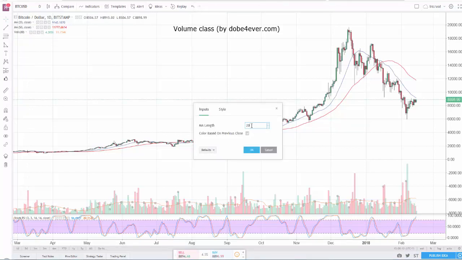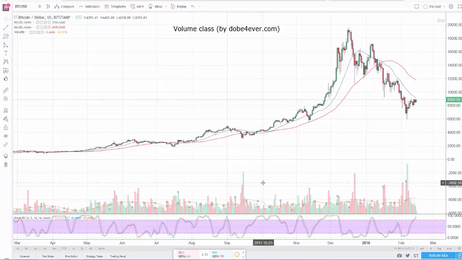The standard, the one that everybody looks at, usually is the 20, and this means that for every bar we get the volume for the past 20 bars, in this case days, because I am in the daily chart. So we take the volume for the past 20 bars and we make an average of this volume, and then it calculates the average and it sets a dot here.